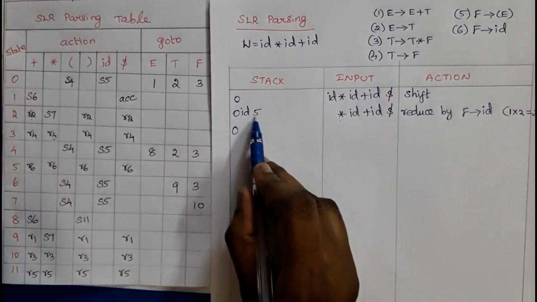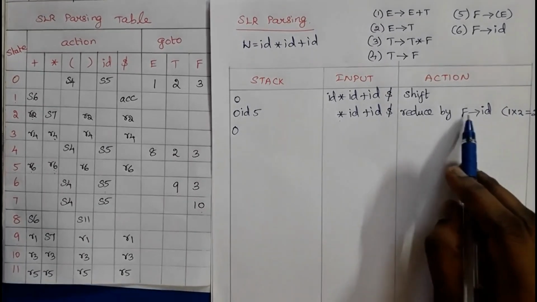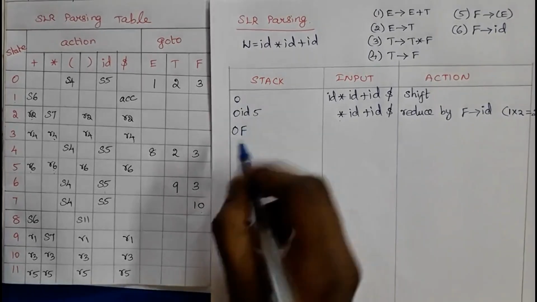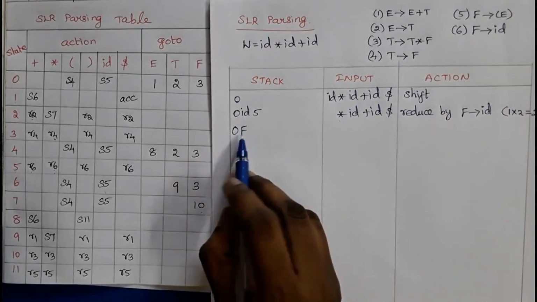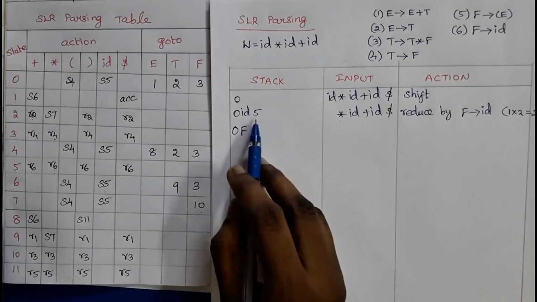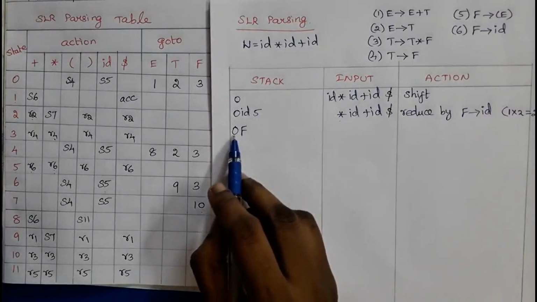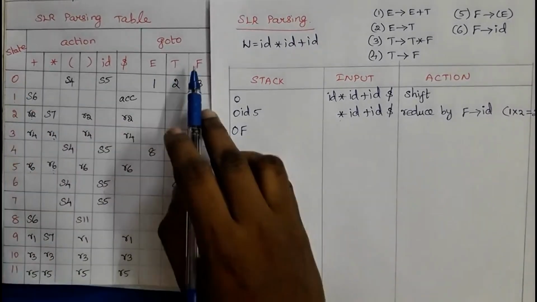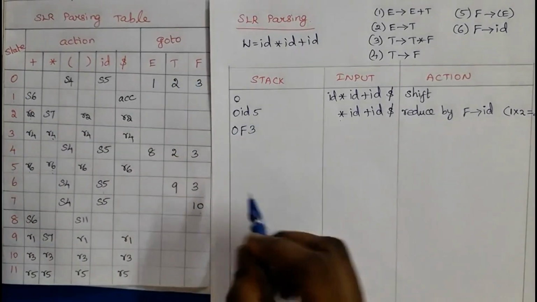Then we push the left side of the production, F. Because the top of the stack should contain a state, we refer to the goto table for 0 and F. 0 and F is 3, and that should be pushed onto the stack.